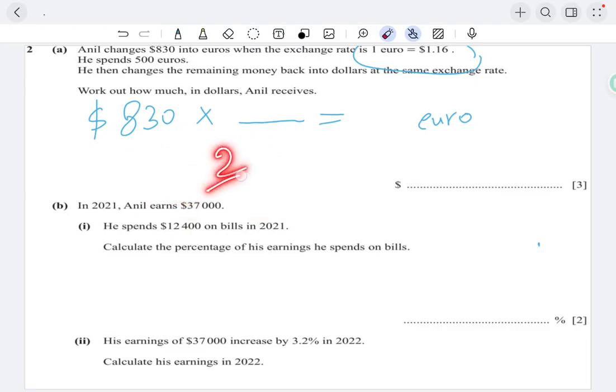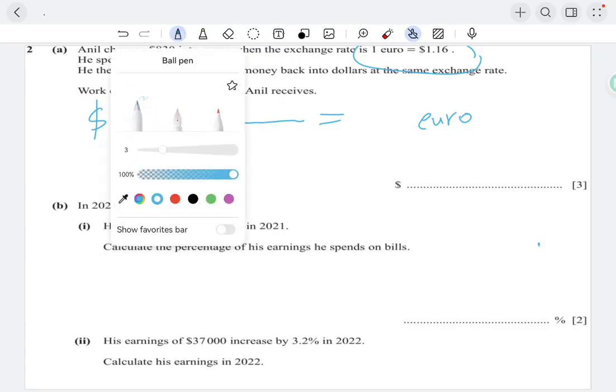If it's 2/3 and you want to cancel 3, the 3 should be up, so I cancel 3 with 3. I'm going to do the same now. I want to cancel the dollars, so I must have the dollars at the bottom, in the denominator. So I'm going to put my conversion factor this way.